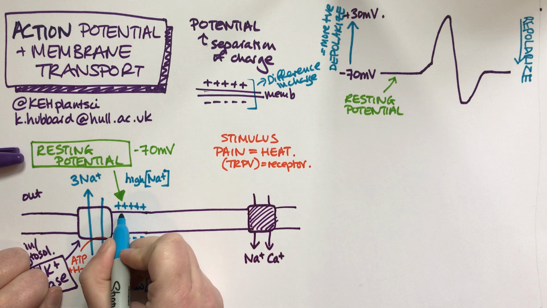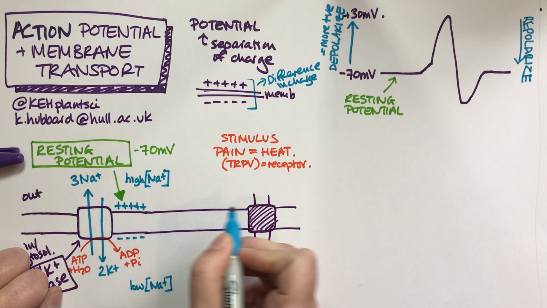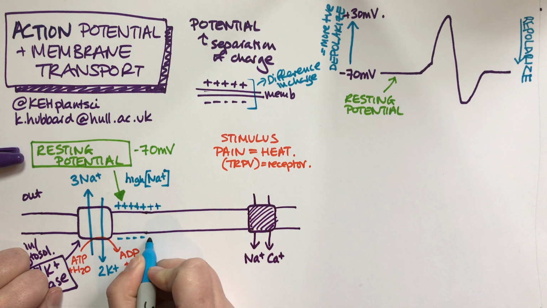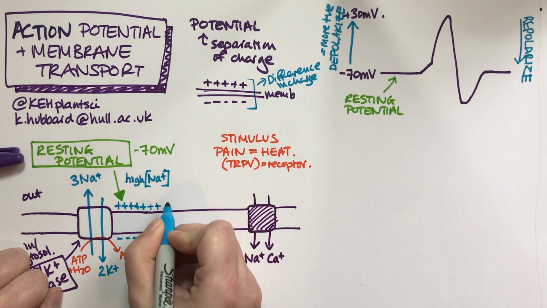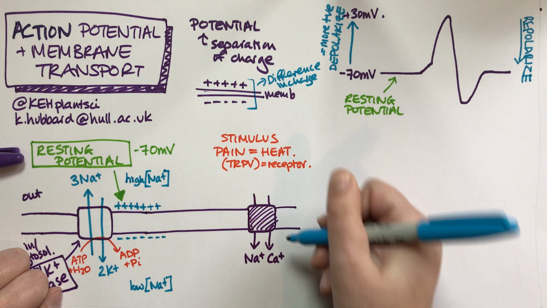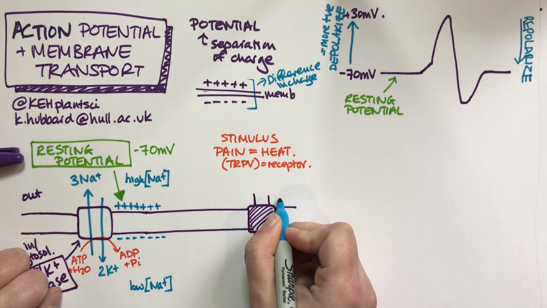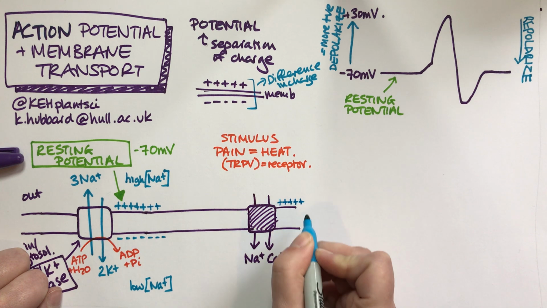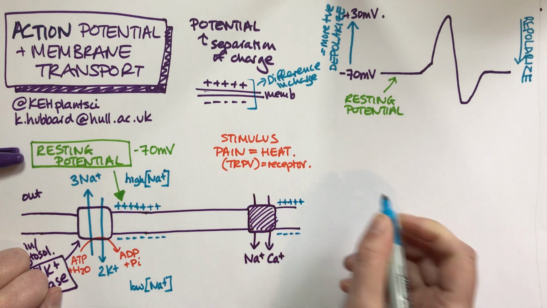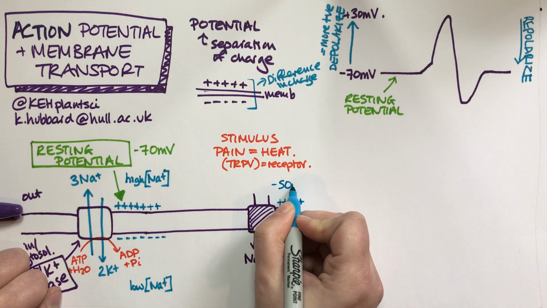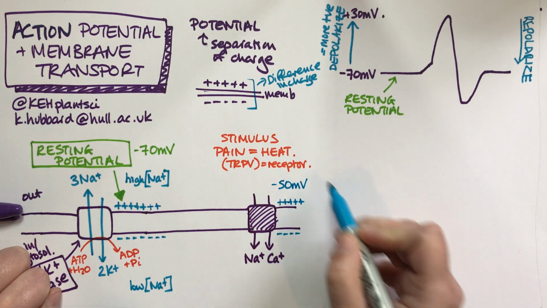So rather than having, let's put, 1, 2, 3, 4, 5, 6, 7 pluses is our minus 70 millivolts. Because we've got a little bit of positive coming in, we're going to shift to maybe minus 50 millivolts. Okay, so we're going to get to minus 50 millivolts. So that's gone a little bit more positive.